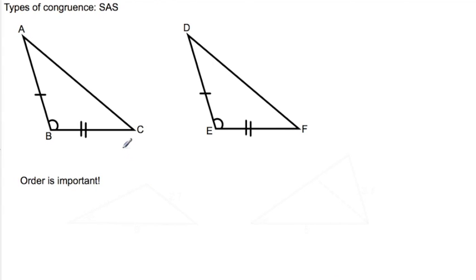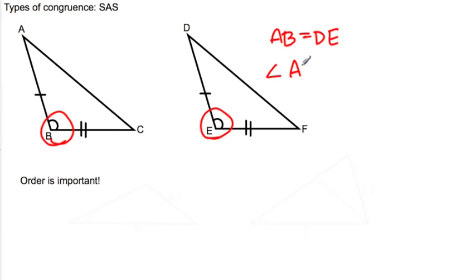In this case, we see AB again is equal to DE, but now we're looking at the angle in between, and so I would say angle ABC is equal to angle DEF.